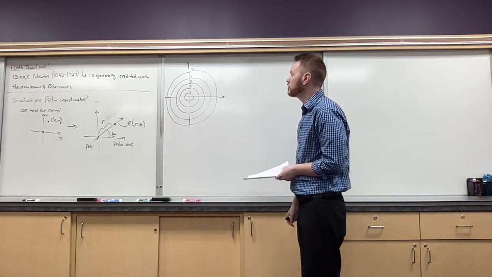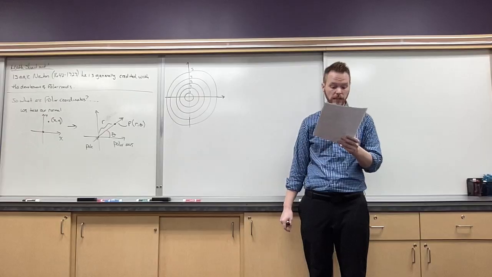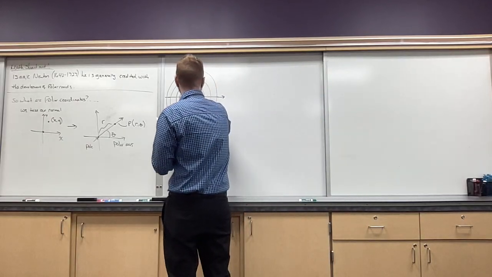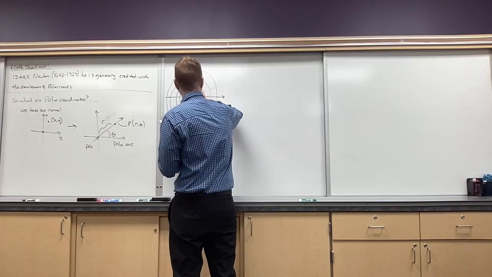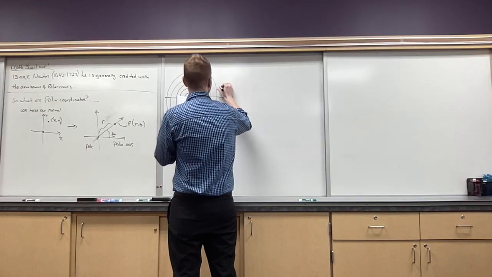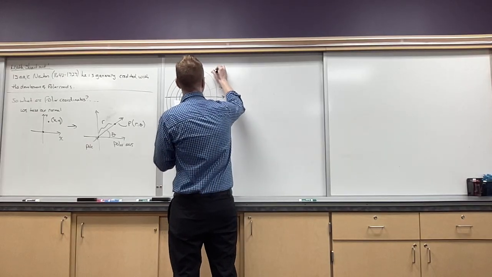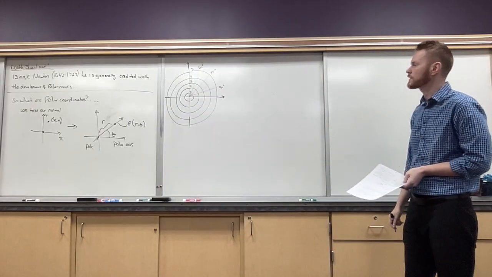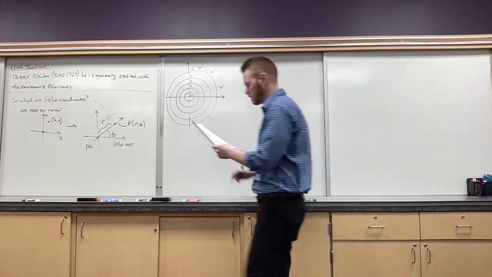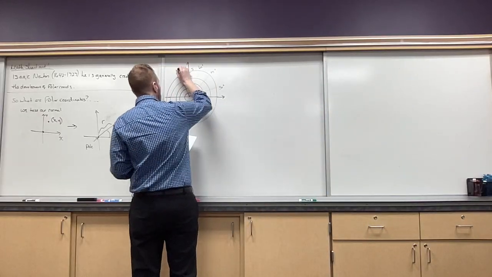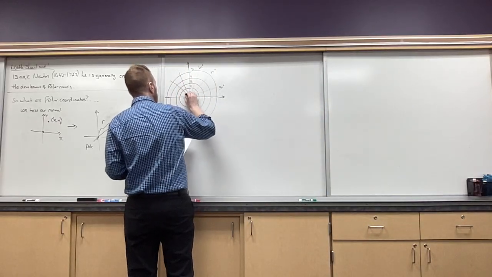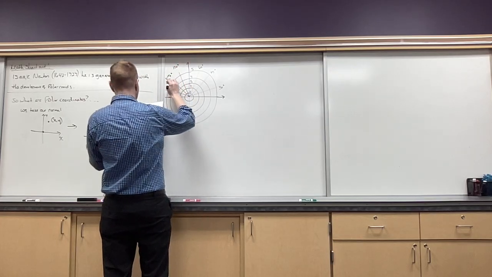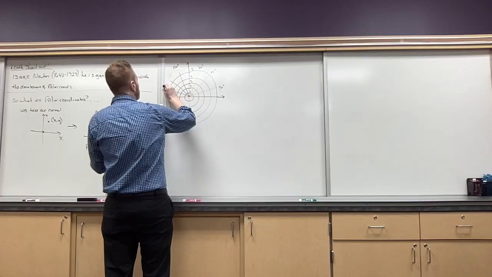And then what I'm going to do is draw angle measurements on here. And I'm going to use the angle measurements that we use on the unit circle, just to make it a little bit easier. So there's 30, 45, and 60. I'll go ahead and draw the other ones. Oh, it's that one.